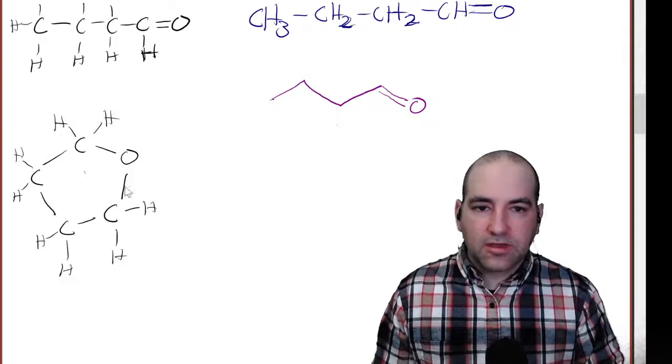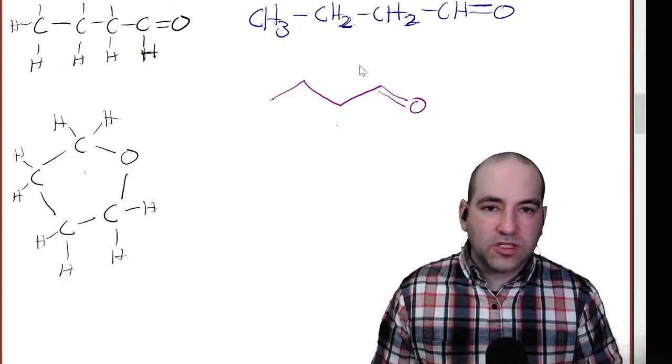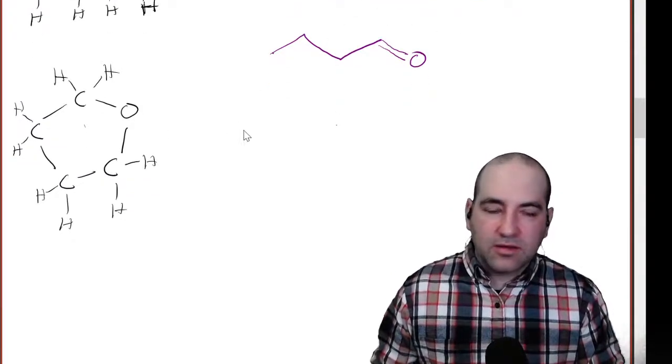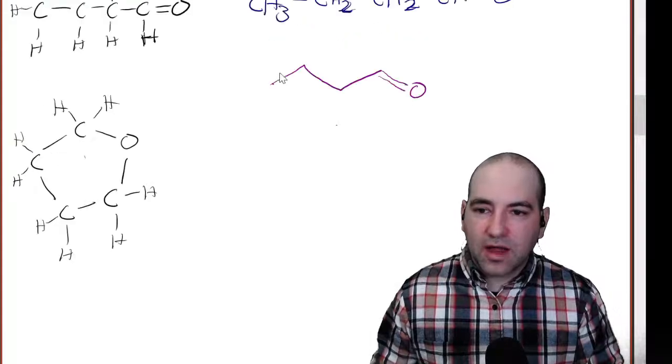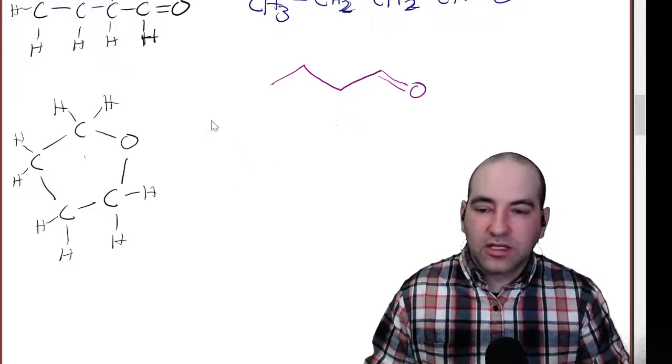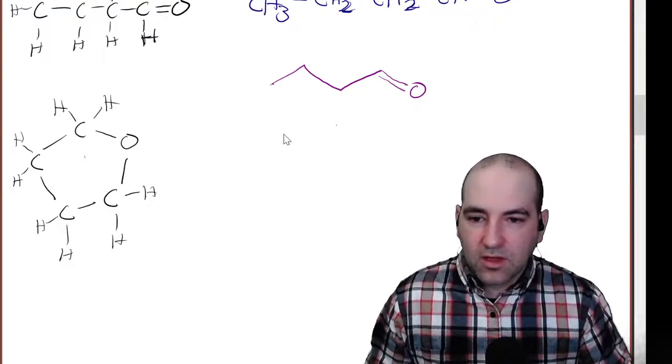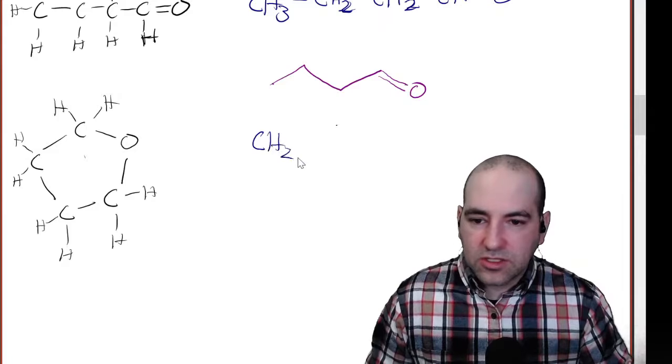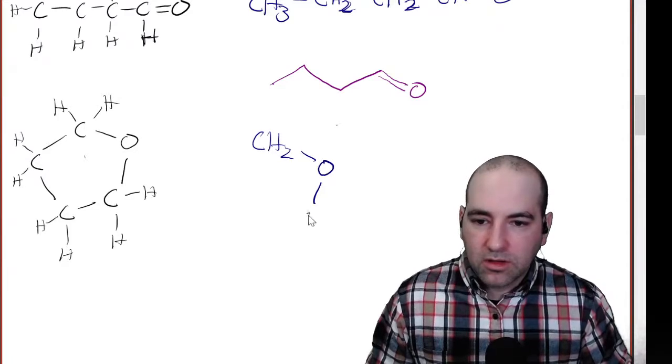So for a ring structure like this, when we draw a condensed structure, I think there are ways to do it, but I would say the easiest and most clear way is, again, to leave the shape intact and just condense the hydrogens down. So we might draw that like this, CH2O. Everything here is a CH2, actually, because there's 2 hydrogens on each carbon.